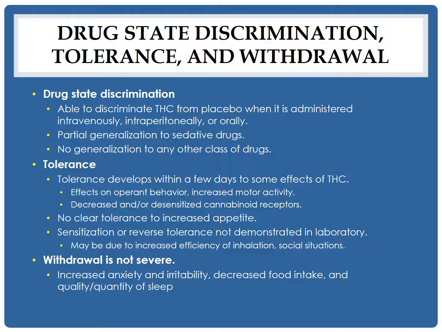So there's either fewer receptors around, or the receptors that are there are not doing as much in the neurons anymore. There's no clear tolerance to the increase in appetite. And then it's anecdotally reported that people become sensitized or have reverse tolerance. That has not been demonstrated in a laboratory setting.